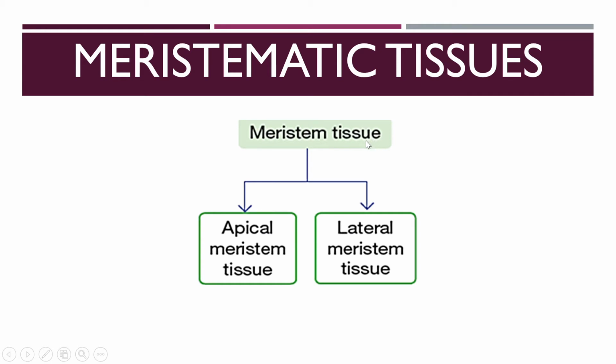Meristem tissues ataupun meristematic tissues terbahagi kepada apical meristem tissue and also lateral meristem tissue. Apical comes from the word apex, hujung ya, hujung tidak kira lah, hujung atas kah atau hujung bawah. Kalau lateral meaning tepi, di sebelah tepi.